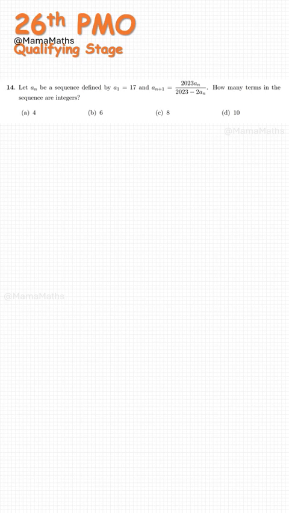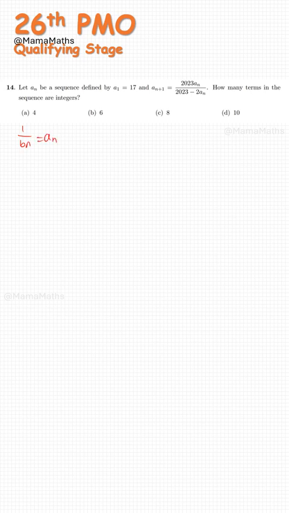The first thing that we want to do is to find an equation in terms of n only, not in terms of a sub n. So let's say 1 over b sub n is equal to a sub n.